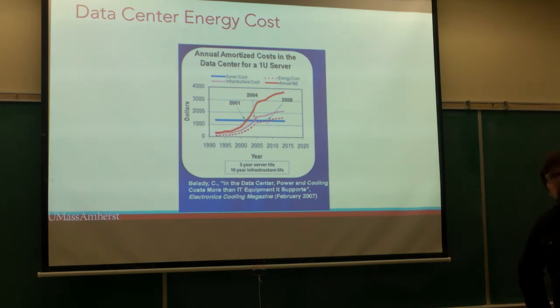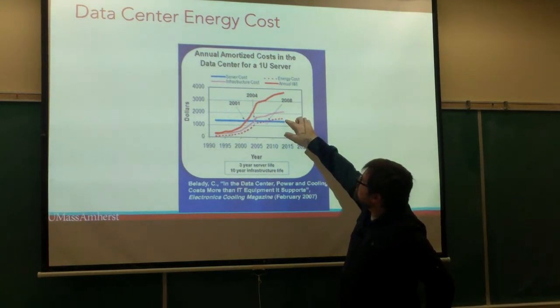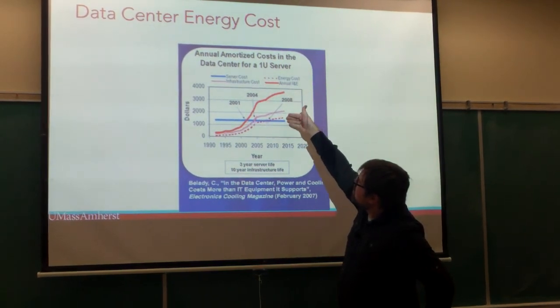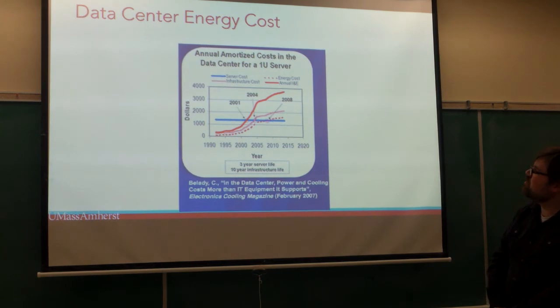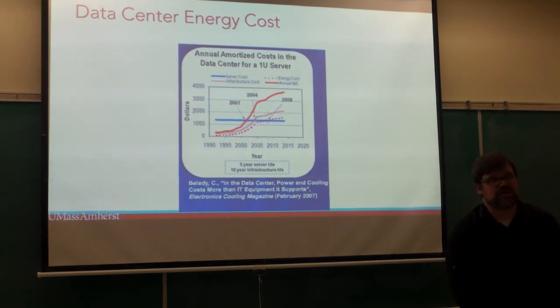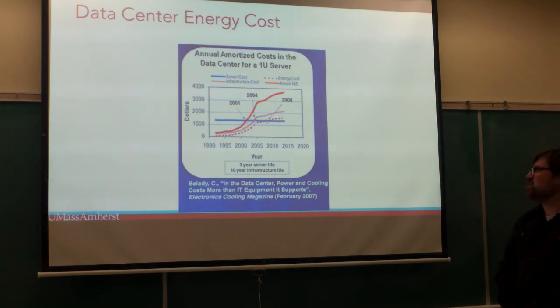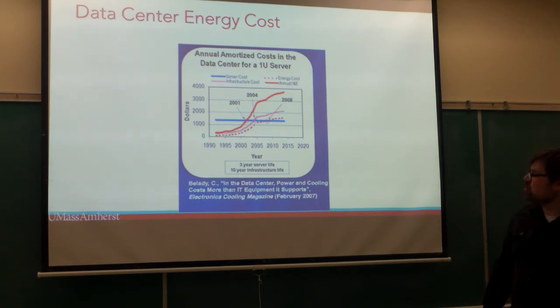I don't know if buying real estate is factored into that if you need to build a new data center. Energy cost is maybe around a third or a quarter of the total cost of ownership. And the server cost hasn't really changed that much, right? So even though the server cost is the same, we're using even more energy.